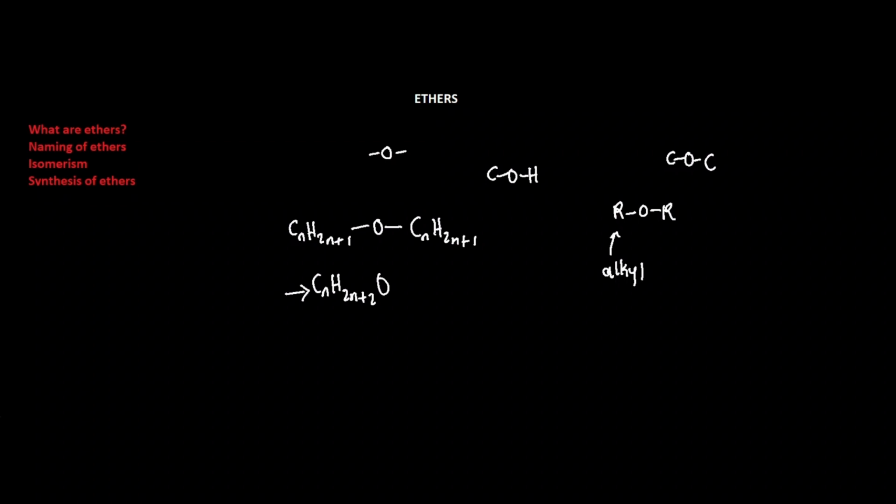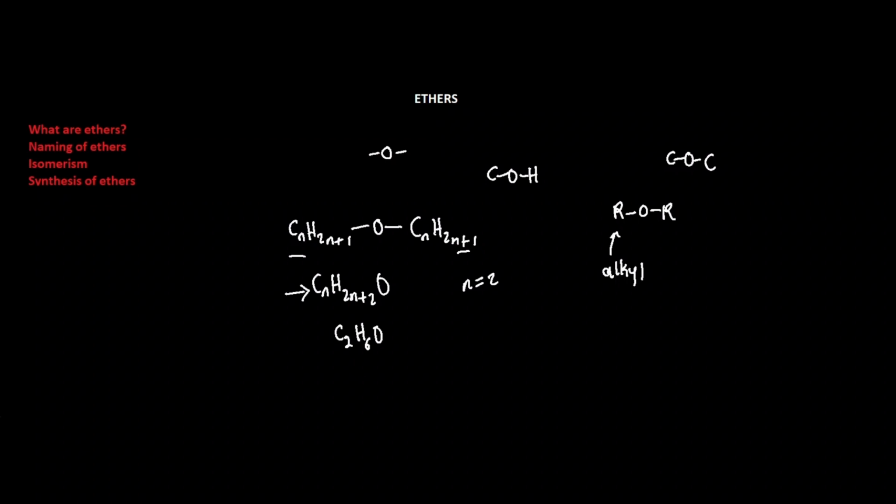Now, the way in which the alkyl groups would be arranged depends on the value of n. Now, of course, n has to be a number above 1, so we can have two alkyl groups. So n can be n equals 2. In the case where we have n equals 2, we would have C2H6O.